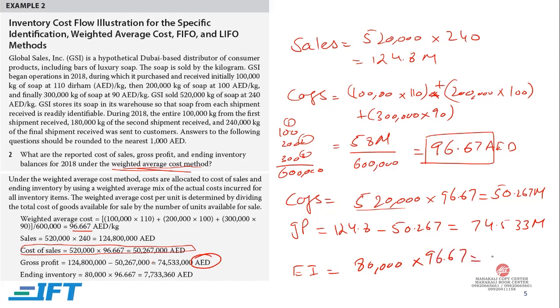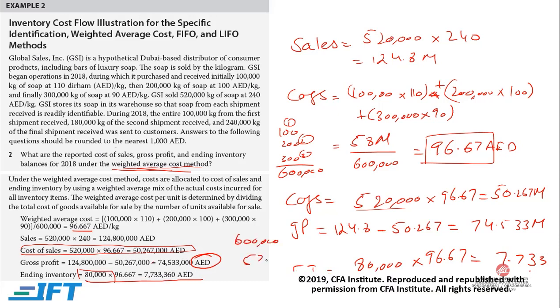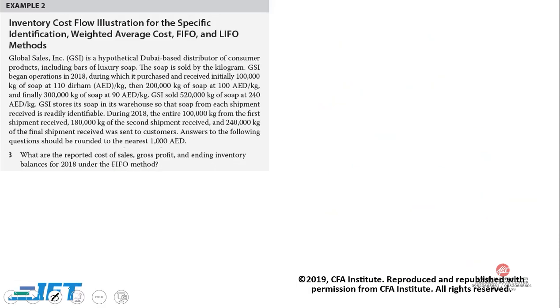So 96.67 multiplied by 80,000 would be 7.733 million. So this is our ending inventory. So total we have 600,000. We sold 520. We are left with how much? 80,000 kilogram.